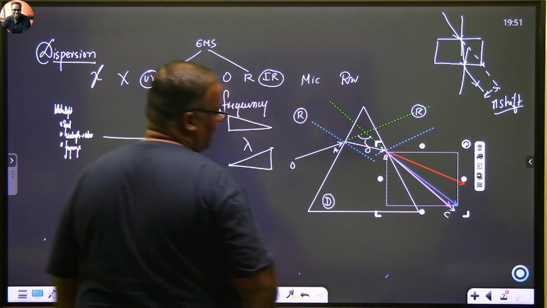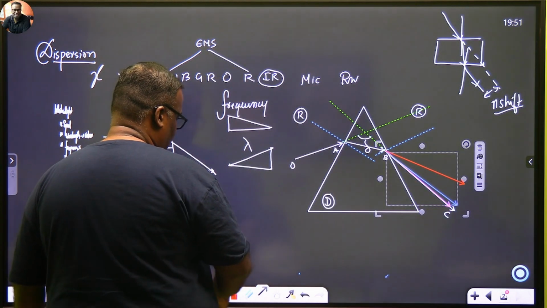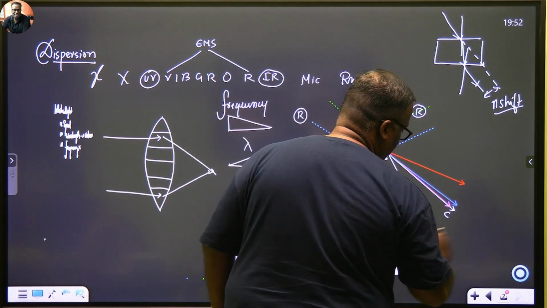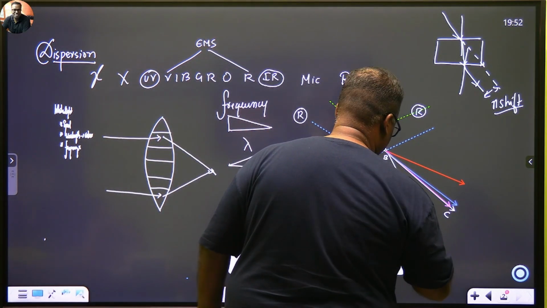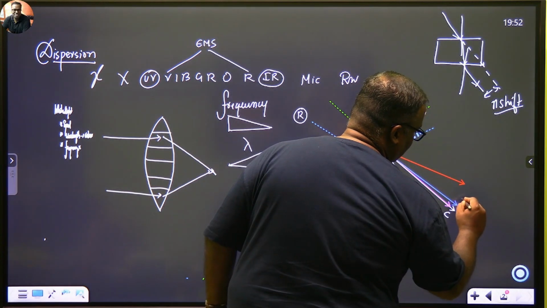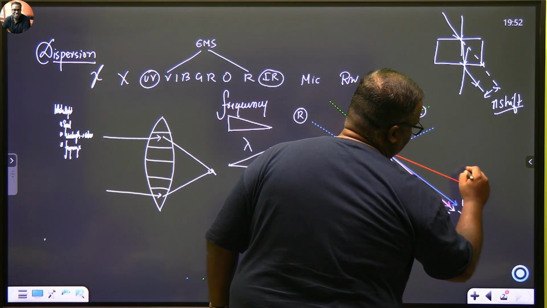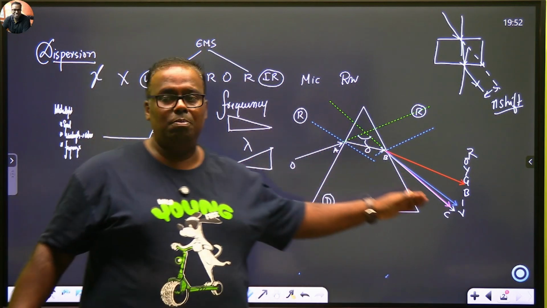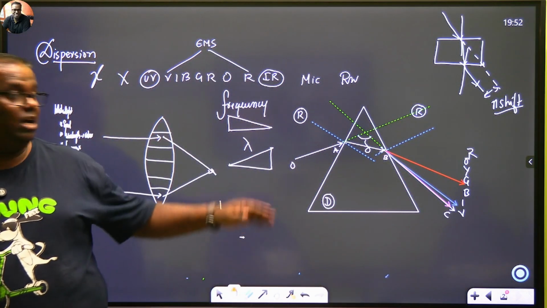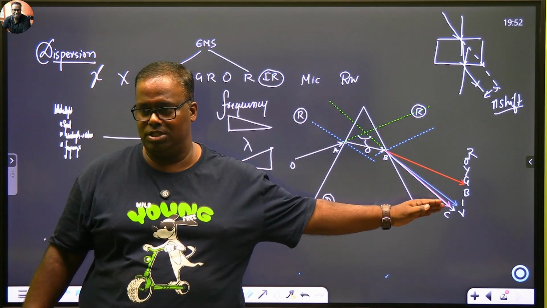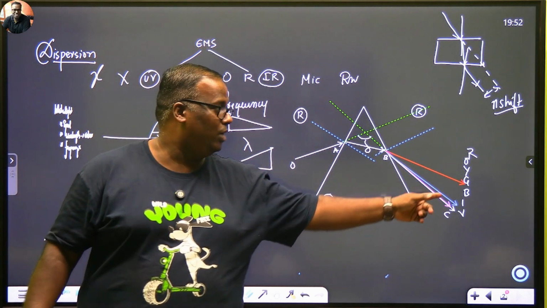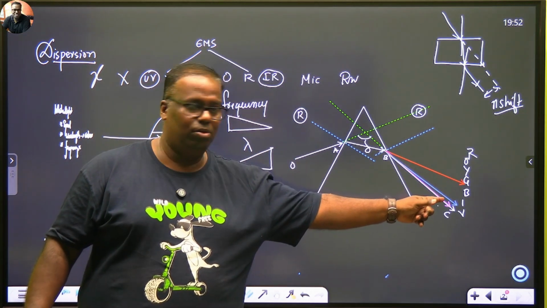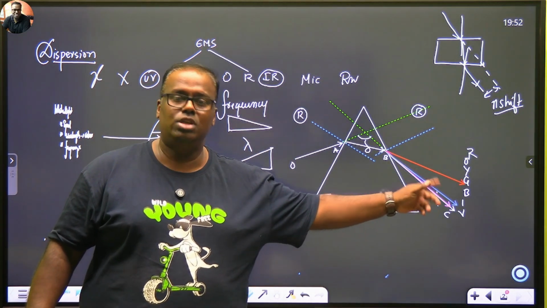So violet, and then you say indigo. I don't have so many color options, so you can make your diagram. So it's like this. It starts from the reverse order, VIBGYOR. So violet will undergo the maximum deviation, red will undergo the minimum deviation. Are you understanding? I wrote red here, but everything will be in this spectrum. Violet, indigo, blue, green, yellow, orange, red.